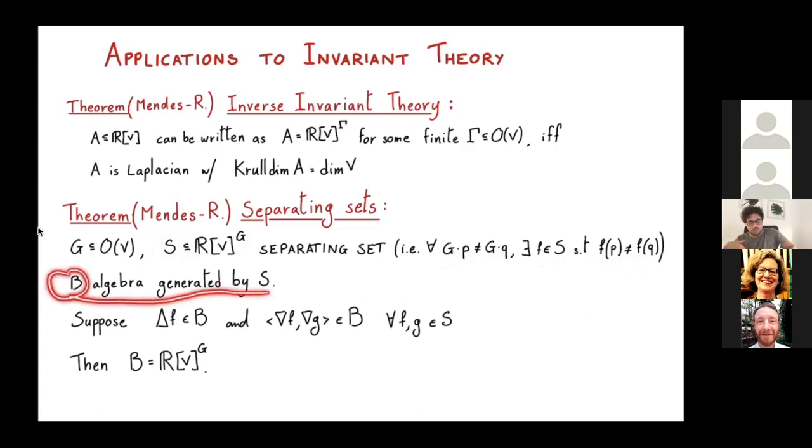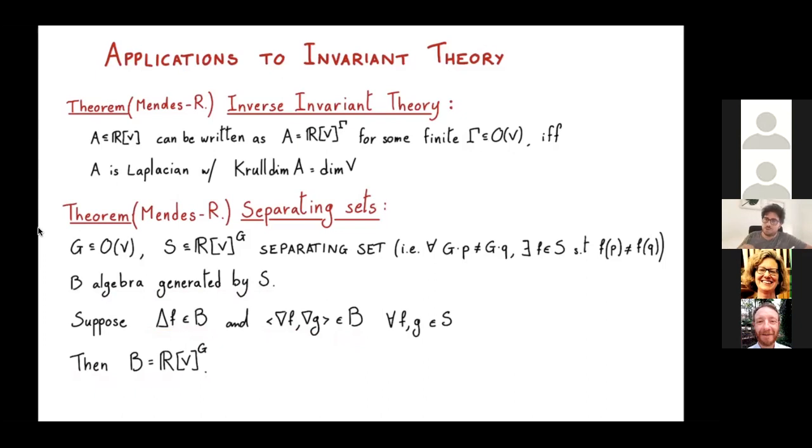So whenever you define, say, B, the algebra generated by the separating set, if this set satisfies two conditions, that is, to be invariant under two operations, then the algebra generated by the separating set is the whole invariant algebra.